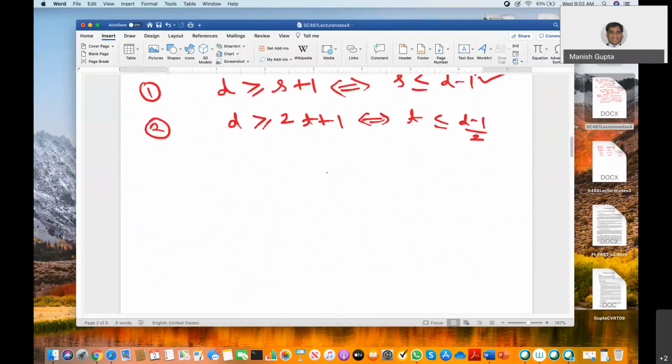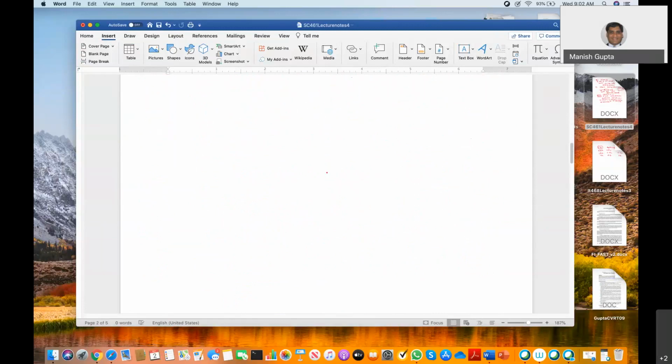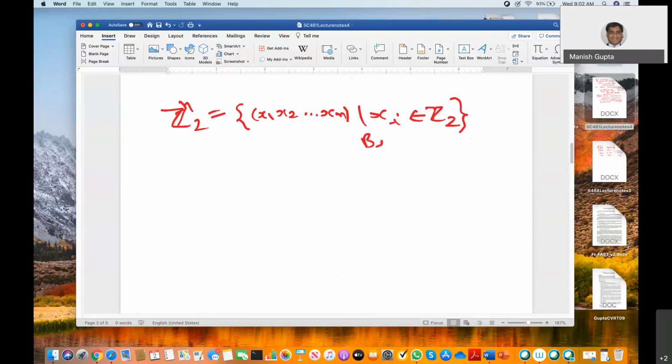In this space, we know that Z2 to the n is the set of all vectors of the form x1, x2, ..., xn such that each xi belongs to Z2. This is our binary vector space.